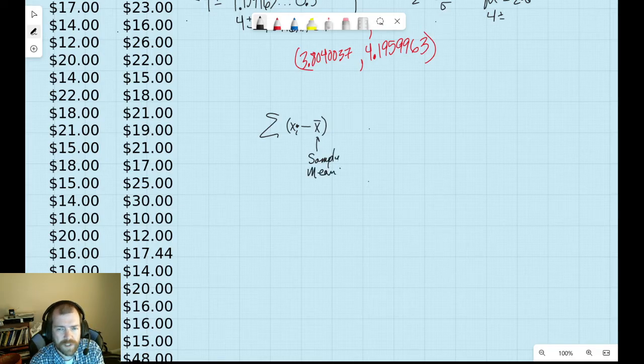But with a large enough set of data, we can say, all right, the sample mean is going to approximate the population mean, so good enough. It is kind of hand wavy, but it's fine. Then you square the difference between them, and multiply by p of x, the probability function.